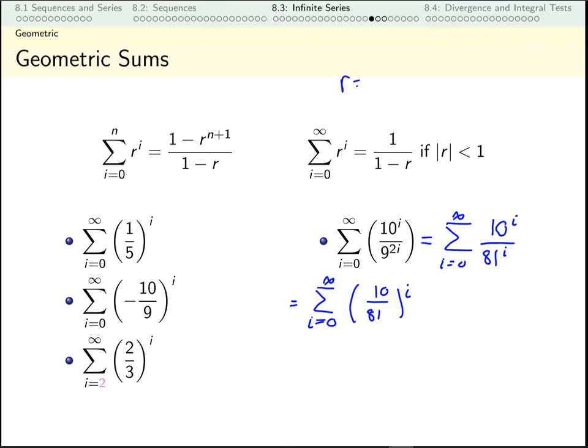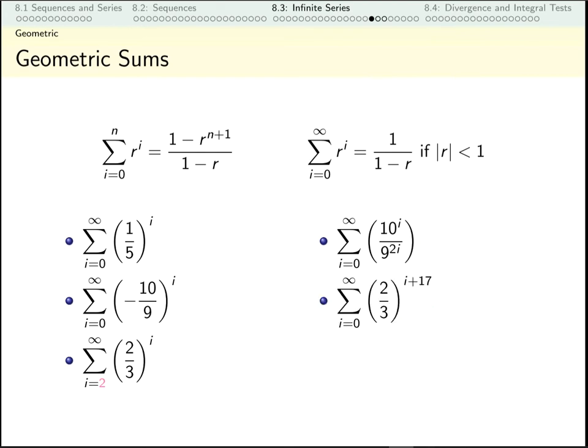So in this case, r is 10 over 81, and the absolute value of r is indeed less than 1. So now we can plug this into our formula. Also, it starts at the right place. So this will look like 1 over 1 minus 10 over 81, which is 81 over 71.